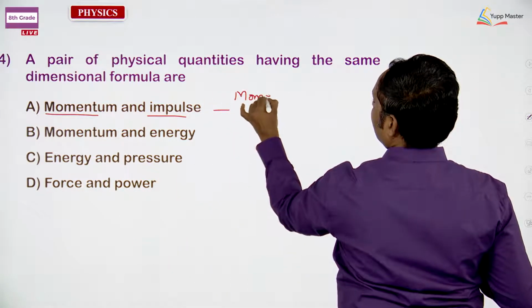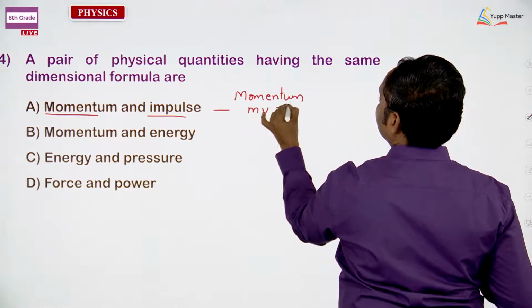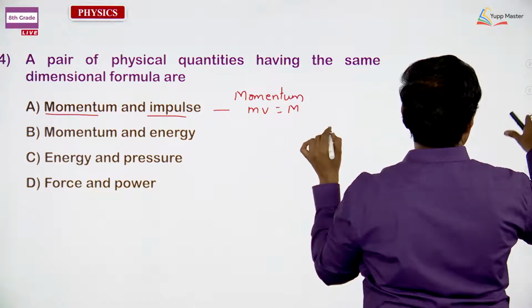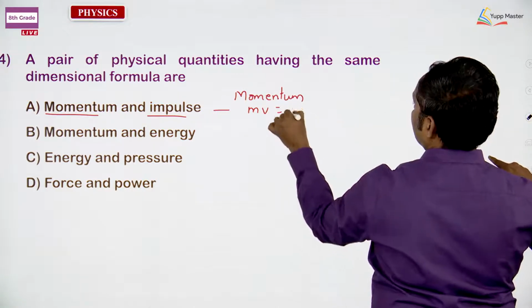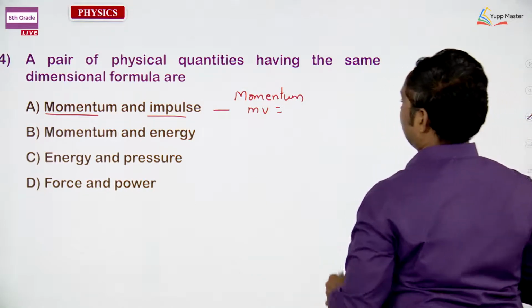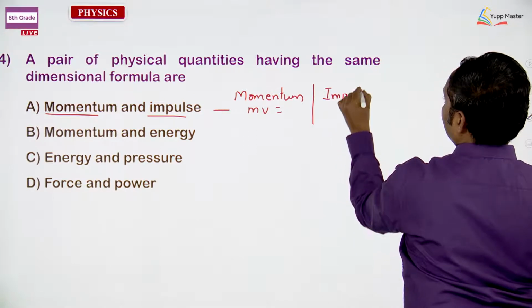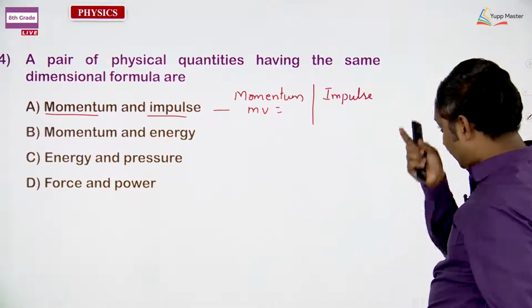We can take momentum, that is mv. It's very clear. Now we can take impulse.